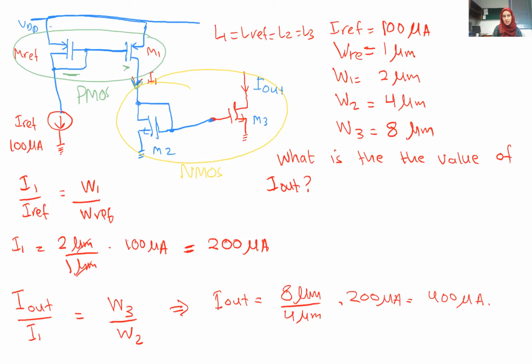The currents would differ, and the connection might not even work. So yes, in the same current mirror, you have to have either NMOS or PMOS.